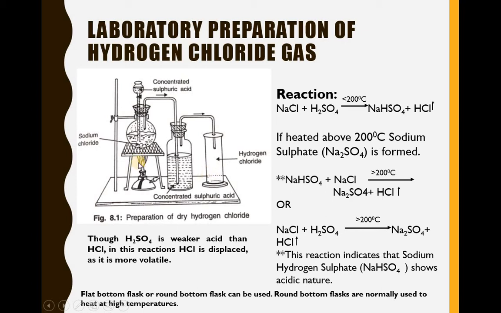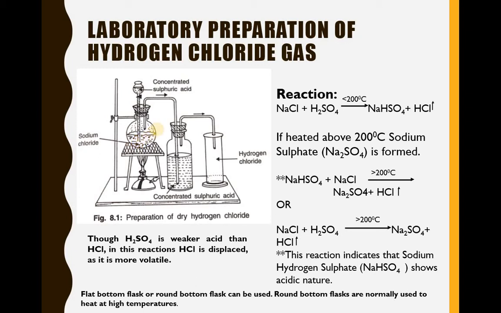So place some common salt over here in this flask and pour concentrated sulfuric acid through this thistle funnel. The reaction proceeds slowly in the cold. If the heat is given gently, there is effervescence and hydrogen chloride gas is evolved in a controlled manner. The gas is then dried by passing through a washer bottle.